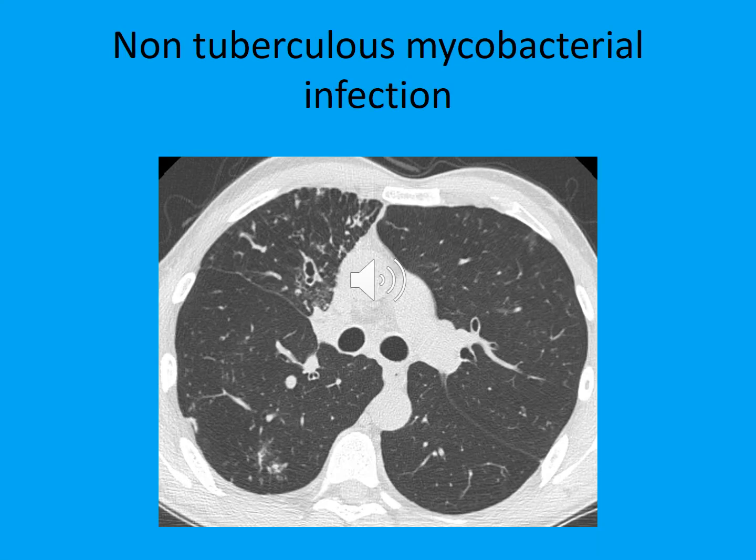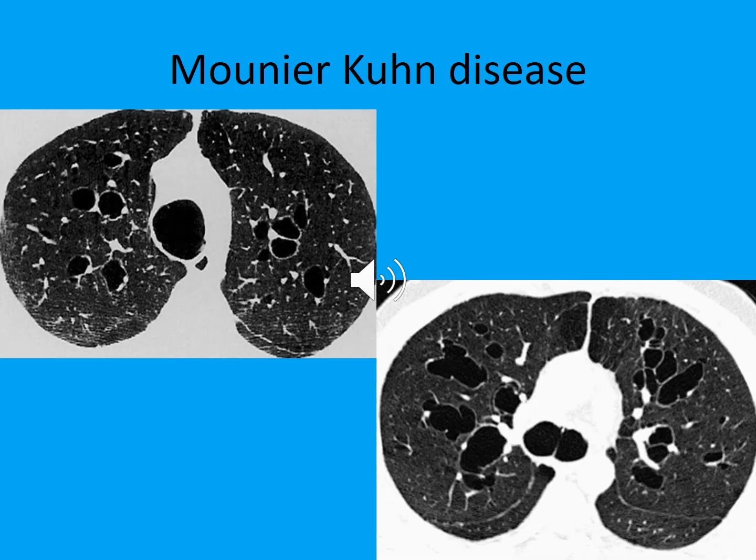Non-tuberculous mycobacterial infection is typically seen in ladies in their 60s and 70s with background of bronchiectasis, and this is associated with multiple clusters of tree-in-bud nodules as seen in this image in the right middle and right lower lobes. Meunier-Kuhn disease is a very rare disease presenting with tracheobronchomegaly as seen in the images below.